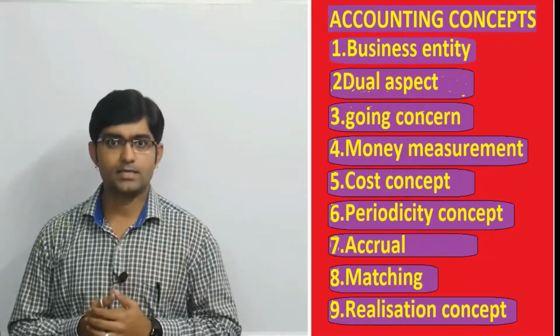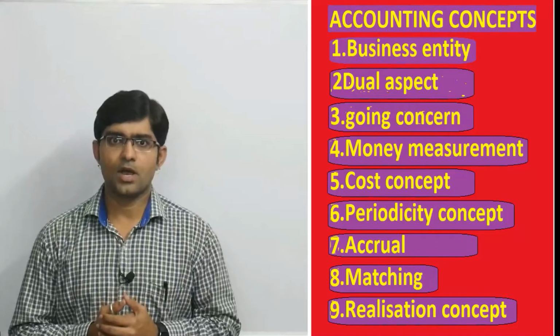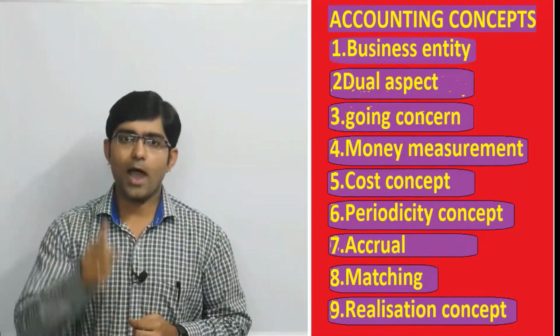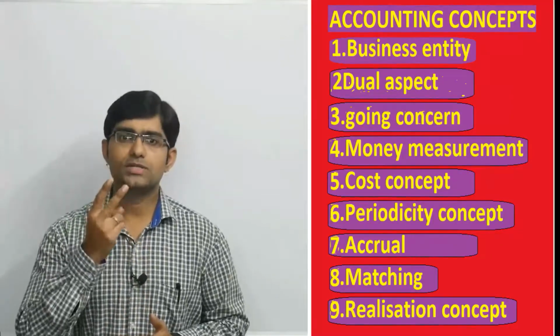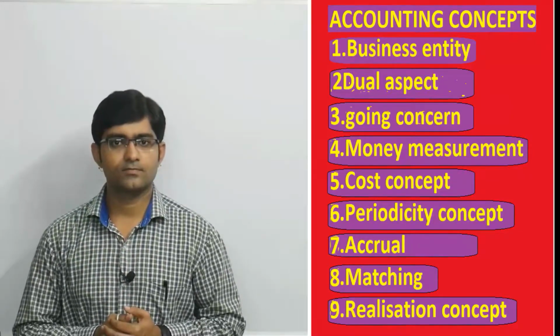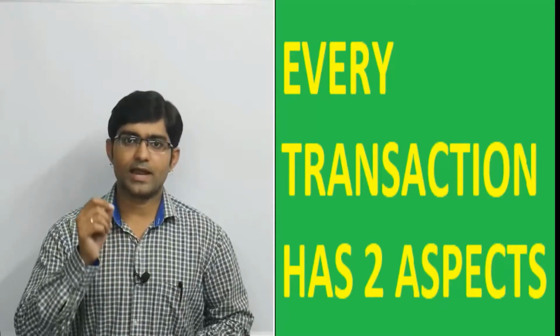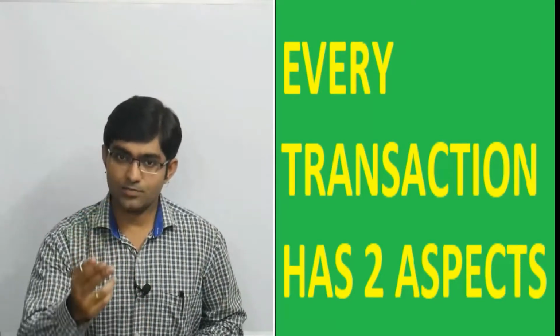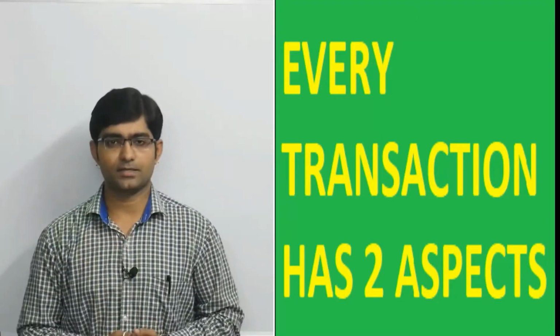The second one is dual aspect concept. Dual means two, like a coin having two sides, head and tail. Every business transaction has two aspects, the giving aspect and the receiving aspect.